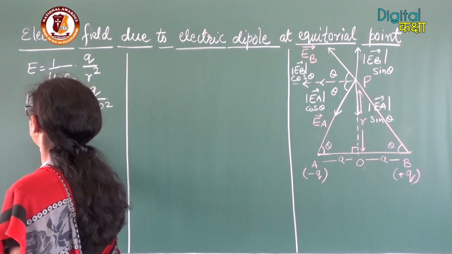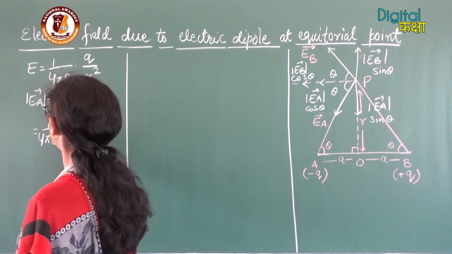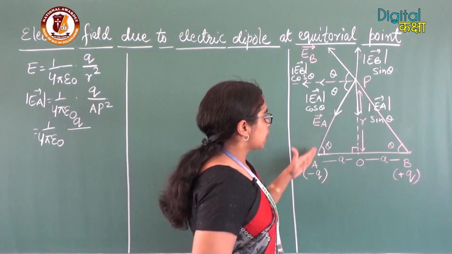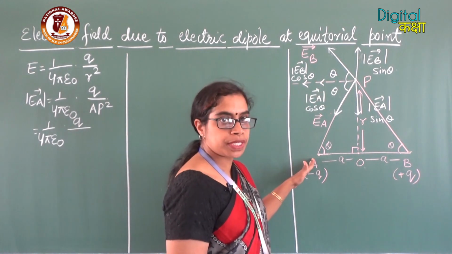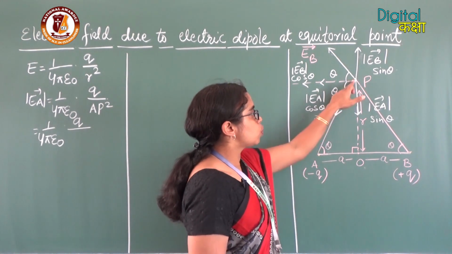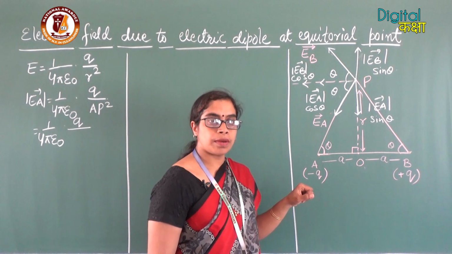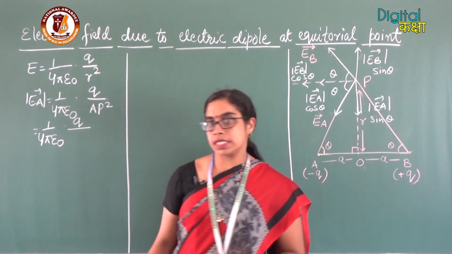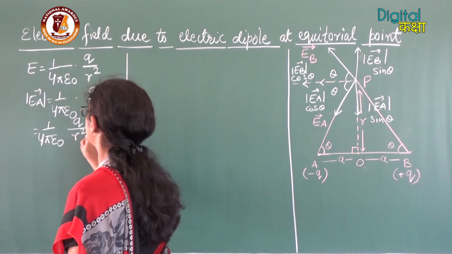Since AP is the hypotenuse in the right angle triangle POA, using the Pythagoras theorem, PA square can be written as R square plus A square.